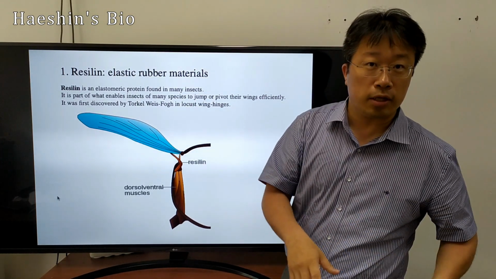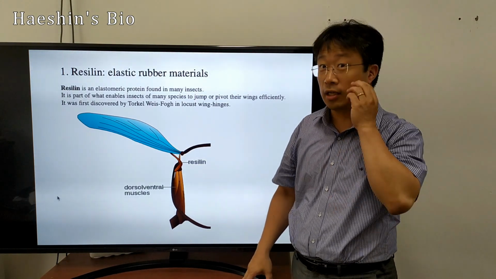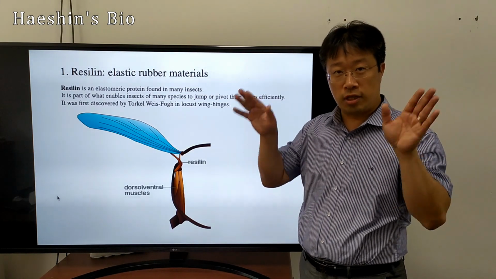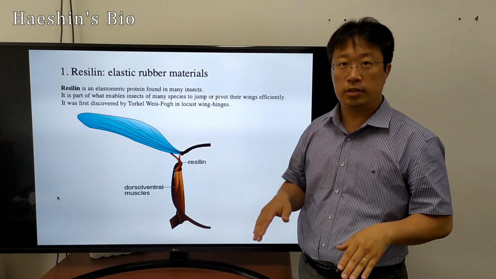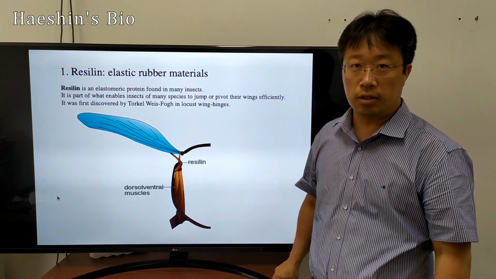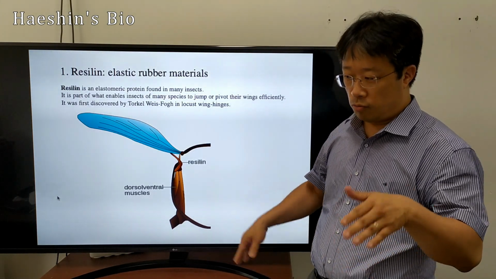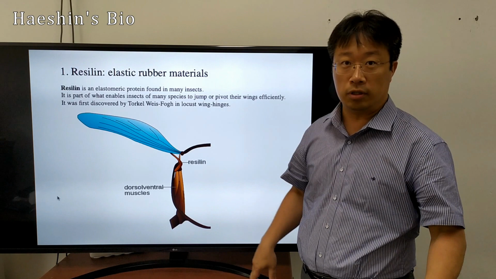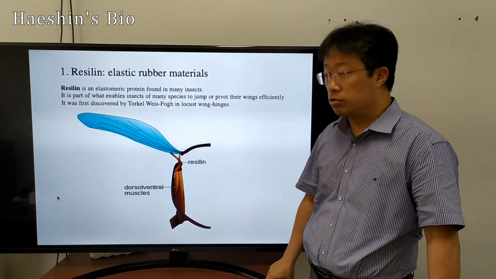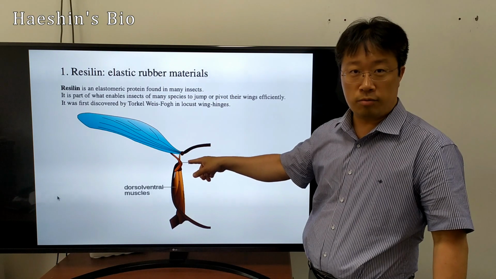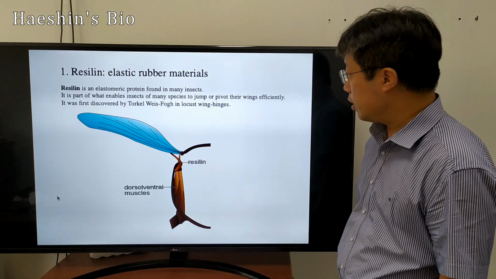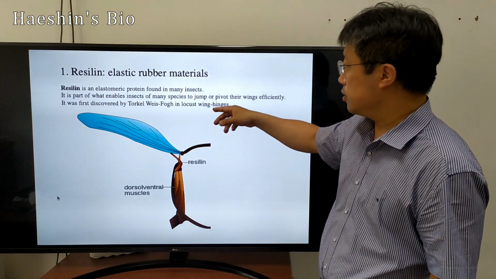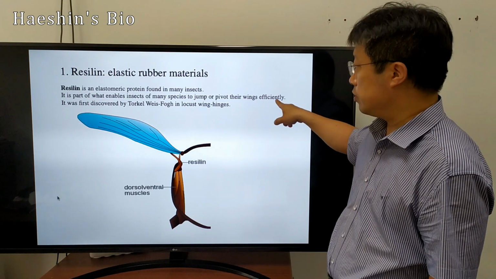At that point we have resilin in many insects, because you have to have some rubber-like material for stable wing movement, especially when the insect has to move very fast, with a very high frequency of wing movement. Then the resilient property has to be very good. It is part of what enables insects to jump or pivot their wings efficiently.